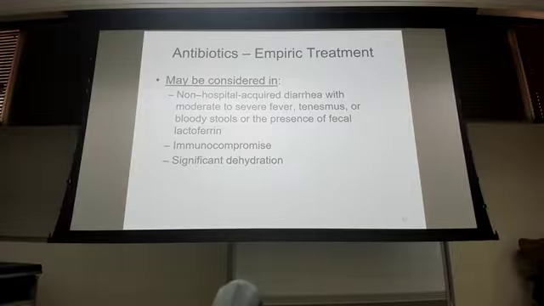Consider it in these cases: very severe diarrhea, non-hospital acquired, with lots of tenesmus, lots of bloody stools, severe fever, or you get that lab back and you don't see an O&P, they didn't identify any C. diff toxin, but the fecal lactoferrin for inflammation is there, consider an empiric antibiotic. Immunocompromised patients, you can consider empiric antibiotics.